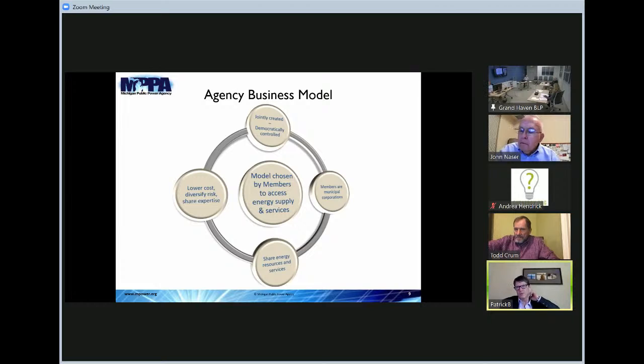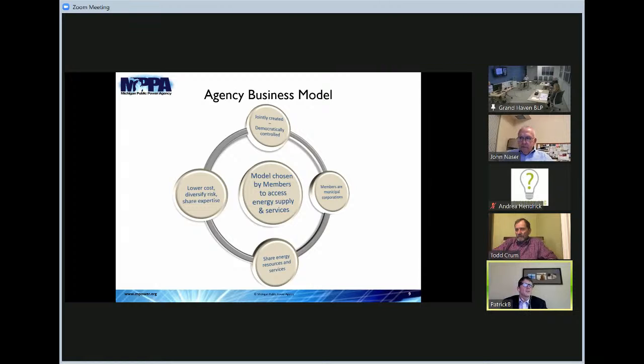So the agency business model is pretty simple. I like to refer to it as it's the model chosen by members to access energy supply and services. So we don't go out and build power plants or invest in transmission hoping that our members will participate. We do what our members tell us to do. Now, we are staffed with experts in the power business who have lots of skills and capabilities, but we work for our members.